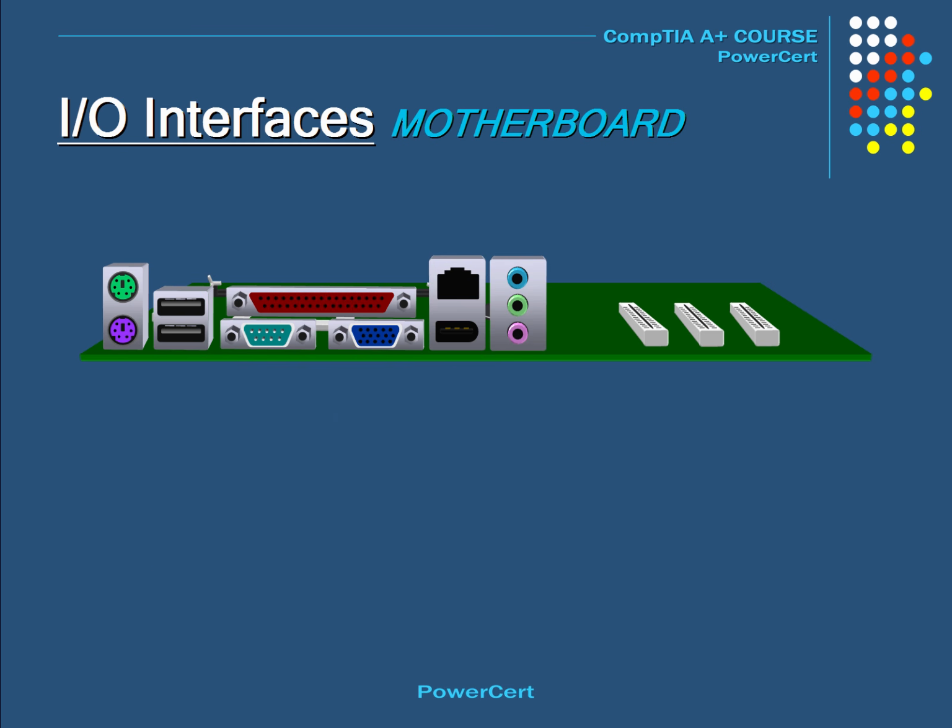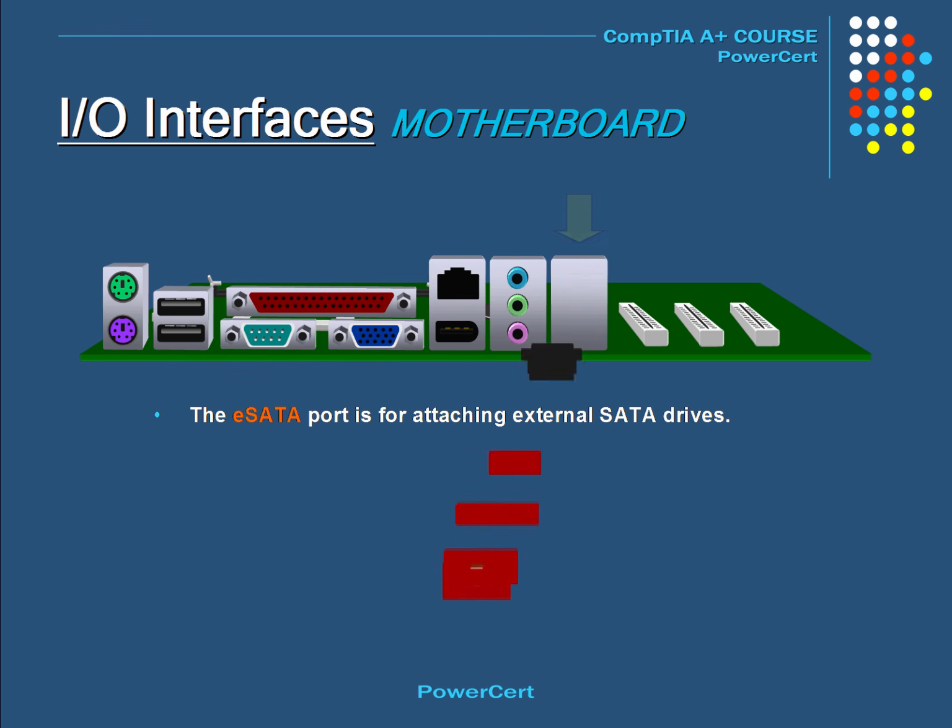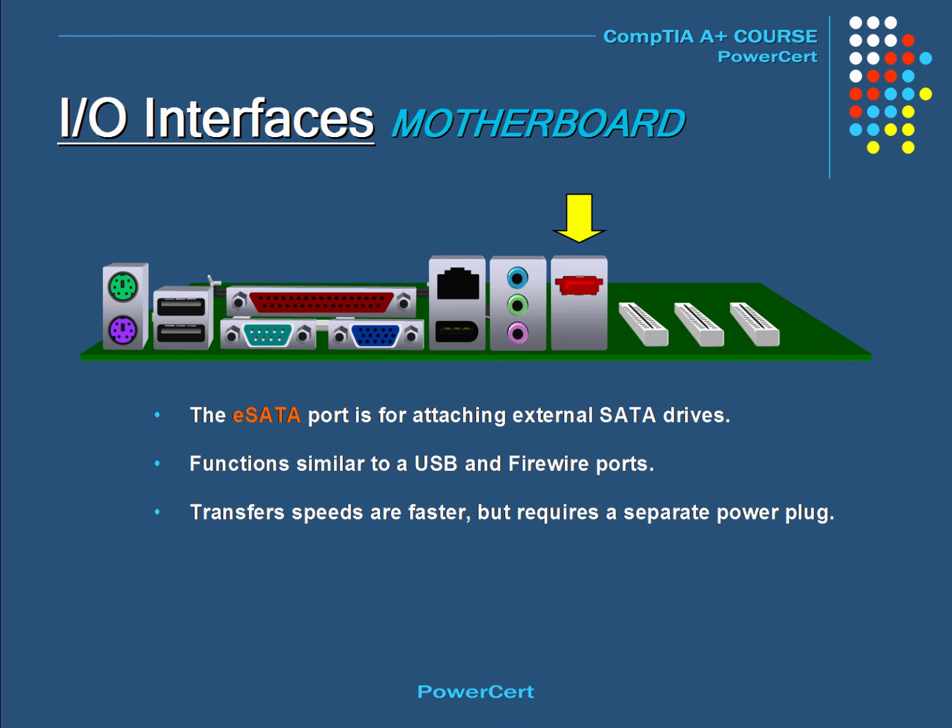Some motherboards have a SATA port on the rear input-output panel. This is known as eSATA, or external SATA. eSATA is for attaching an external SATA drive to a computer, for example, an external SATA hard drive. It functions similar to USB and FireWire, but the transfer speed is faster.